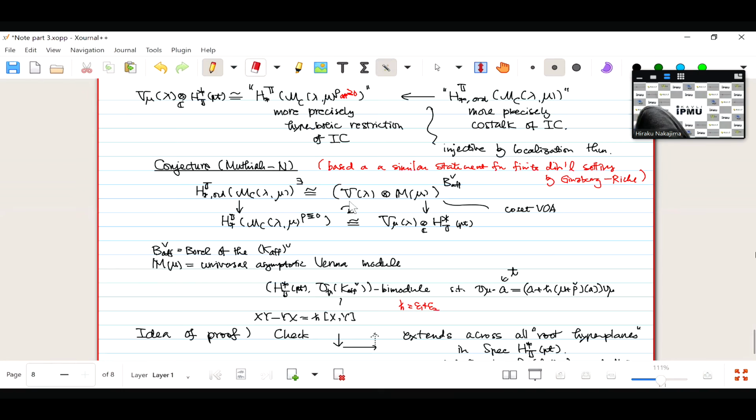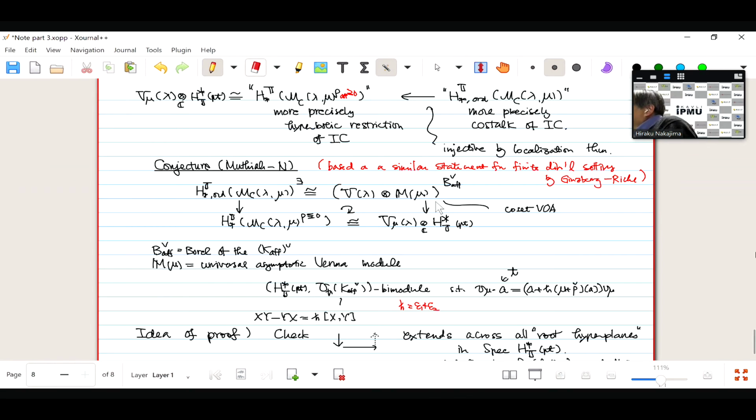Yes, maybe I should also explain the corresponding arrow on the representation theoretic side, but somehow I don't remember how it is constructed right now, so maybe I skip it.